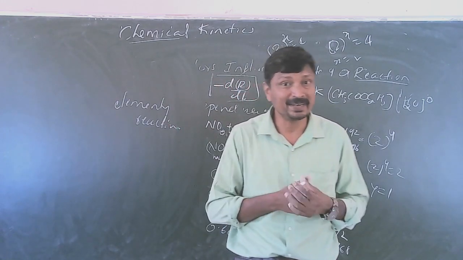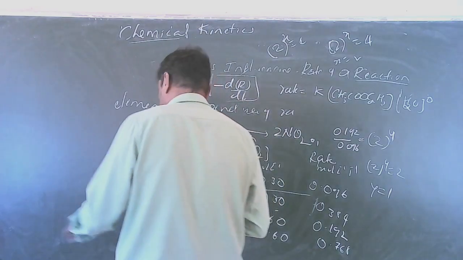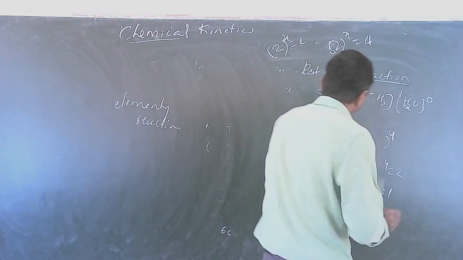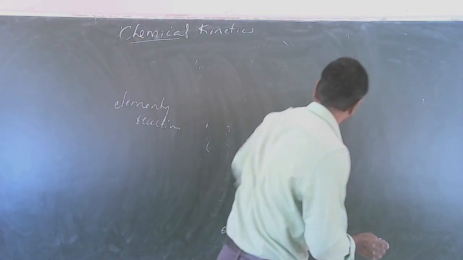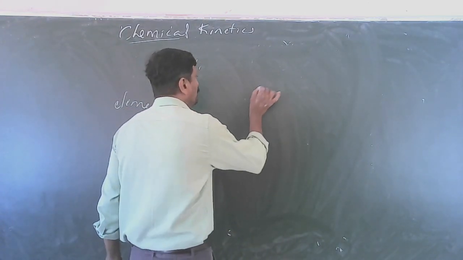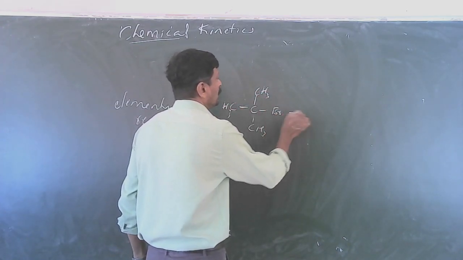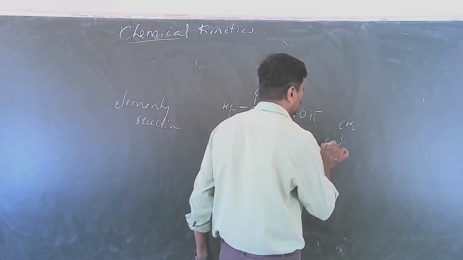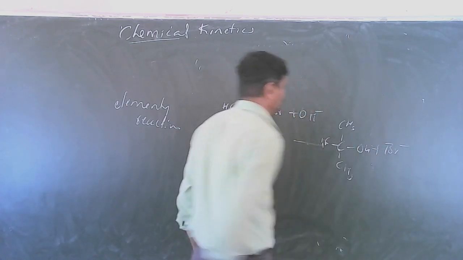See, we have already studied the SN1 and SN2 reactions. What is this for SN1 and SN2? Tertiary butyl bromide plus OH minus ion gives tertiary butyl alcohol plus bromide ion.